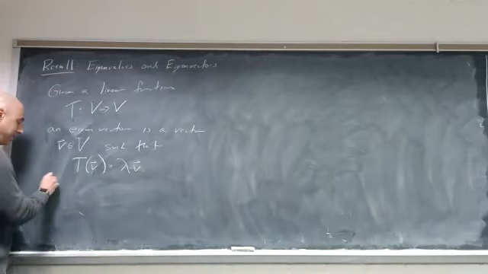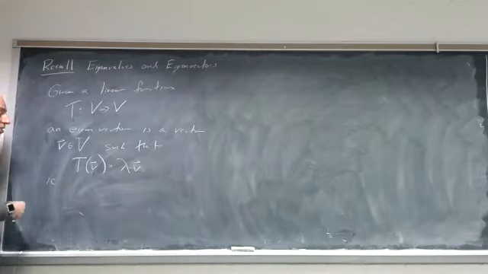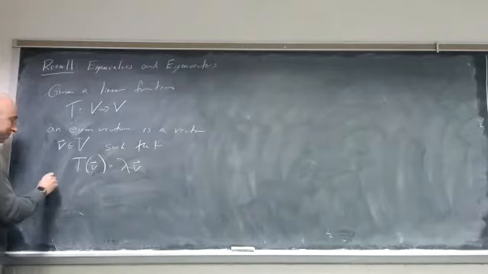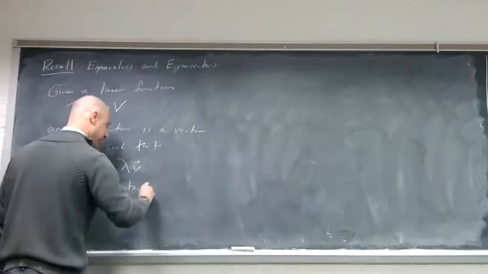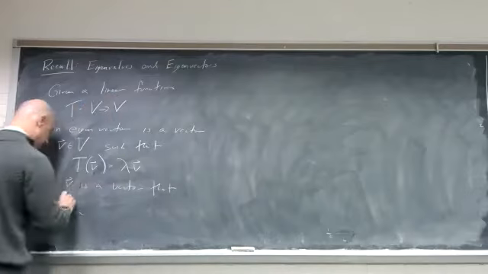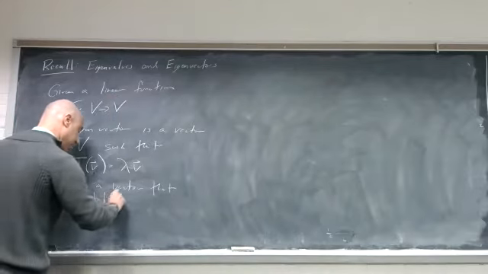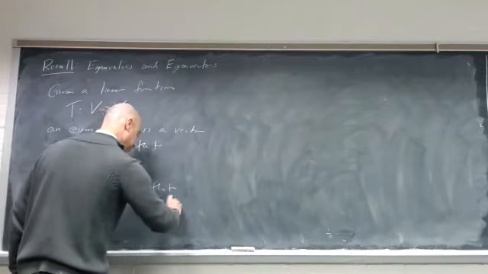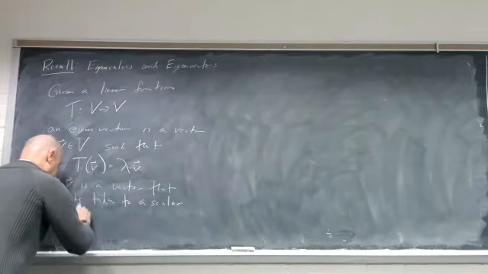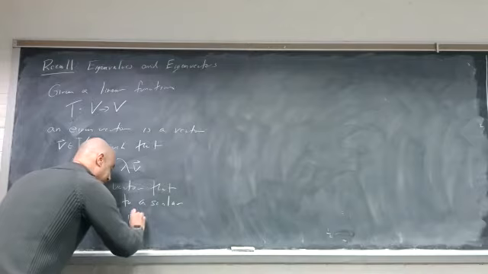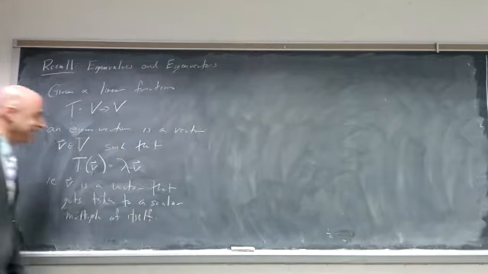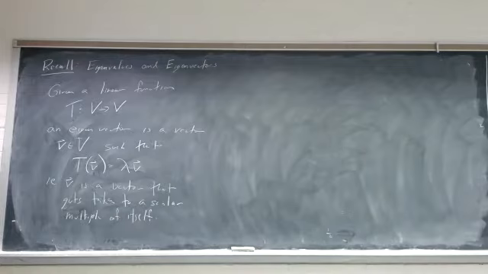In other words, it's a vector which gets mapped to a scalar multiple of itself. And lambda, that number, that scalar, is called the eigenvalue.